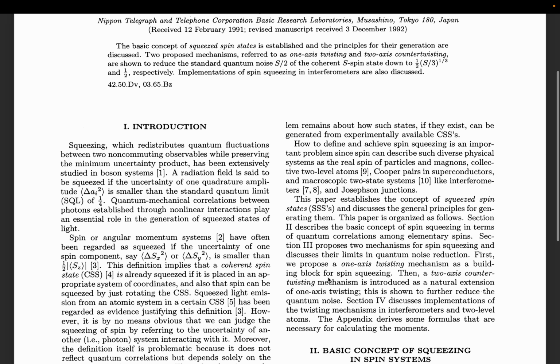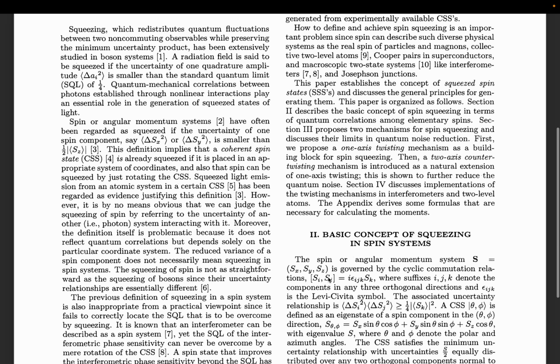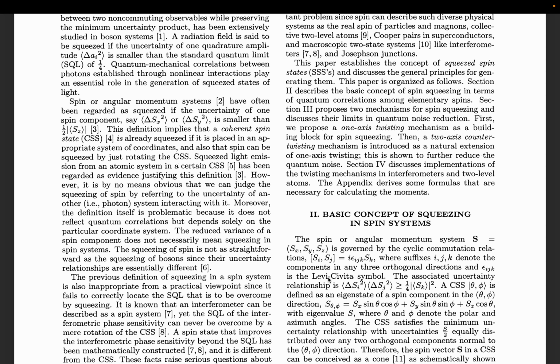This paper starts with the consideration of a spin system denoted by spin operators, which is a vector operator. The components along three orthogonal directions satisfy commutation relations. Therefore, they are associated with an uncertainty relation.